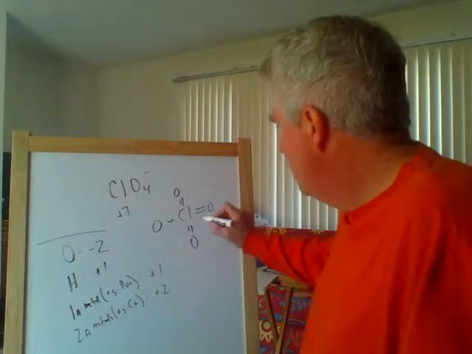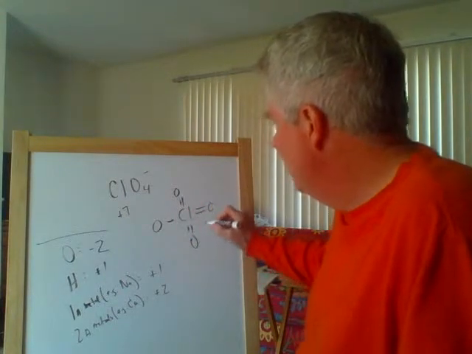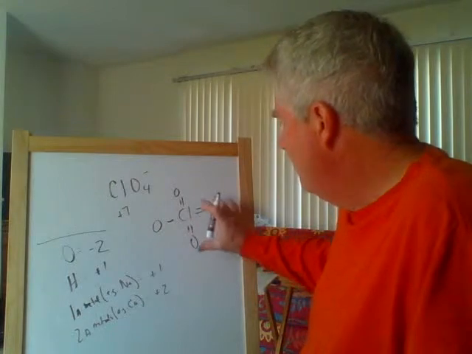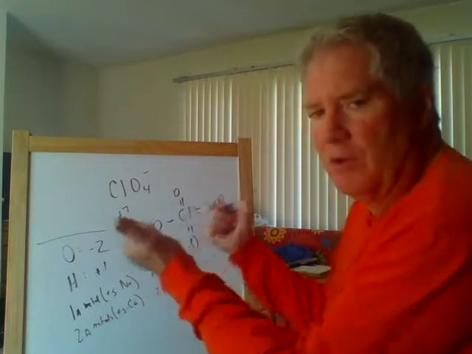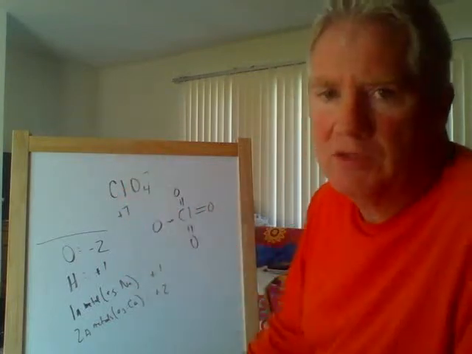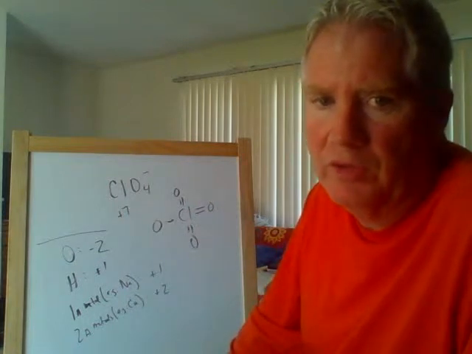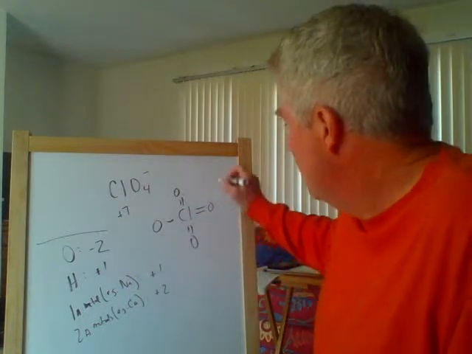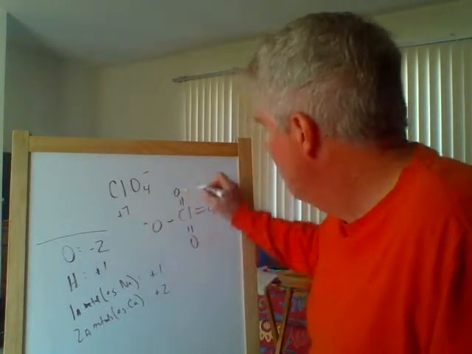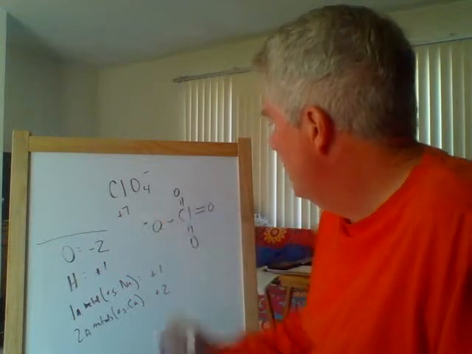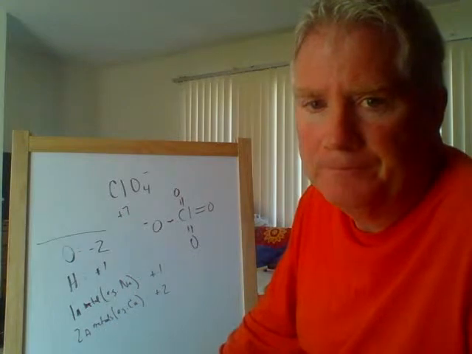So in this case, 1, 2, 3, 4, 5, 6, 7 pairs of electrons are surrounding chlorine, but those electrons have gravitated much closer to the oxygen. Oxygen tends to grab electrons more so than chlorine in this case. So anyway, this is what perchlorate looks like as a net negative, because this oxygen's a negative. The other 3 are stable, so that's why that one's negative. And we even touched on this when we talked about naming early on.